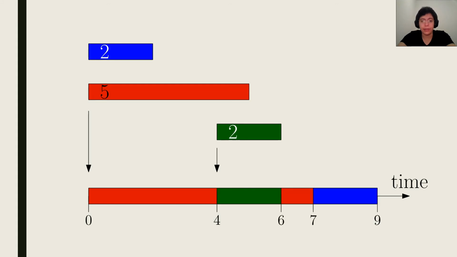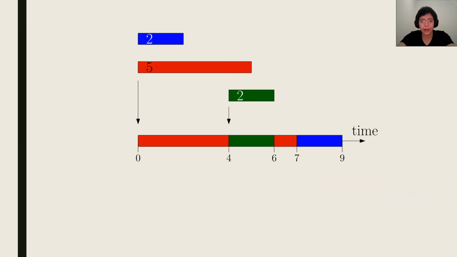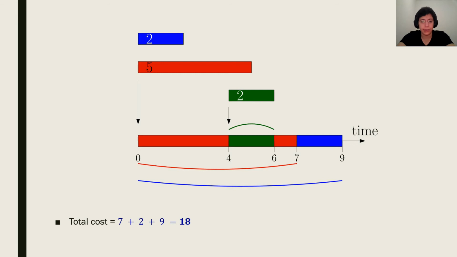Now the algorithm chooses to switch to that green job, process it to completion, then return to the red job, finish it, and then start and finish the blue job. Now the cost of the algorithm in this instance is the sum of the lengths of edges shown here. There's an edge for each job, which goes from the release to the completion time of that job. And so the total cost here is 18.